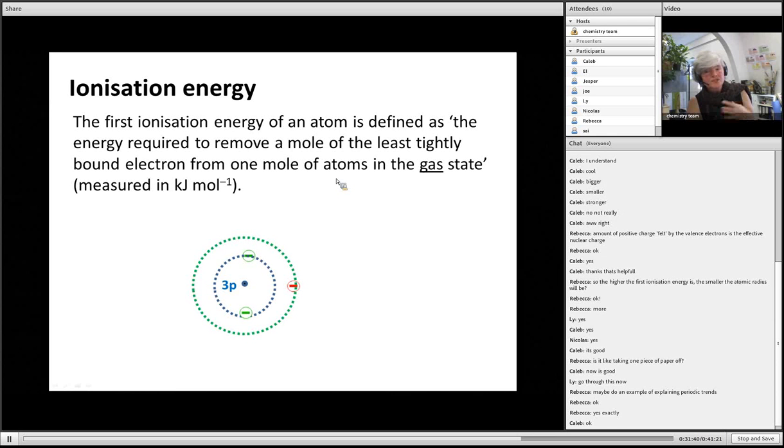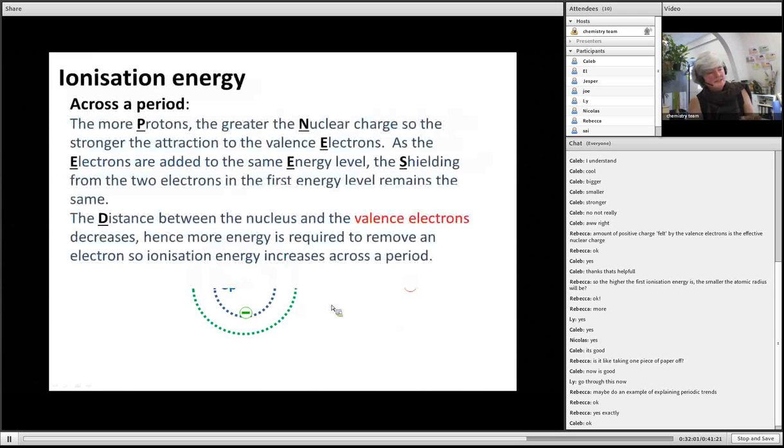So it's not just one electron, it's a mole of them, and you'll notice that our units are kilojoules per mole. So how much energy is needed to remove 1 mole of electrons from 1 mole of chlorine atoms, gaseous atoms? If I'm removing an electron, it takes a certain amount of energy to do that.